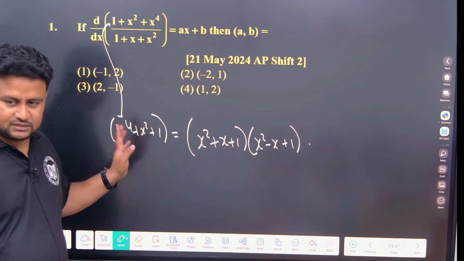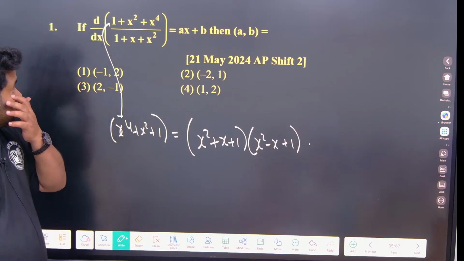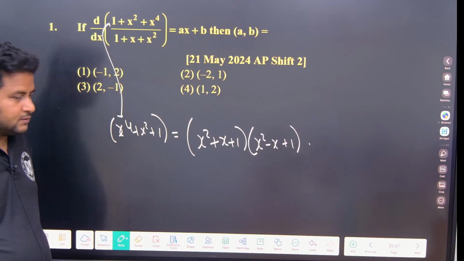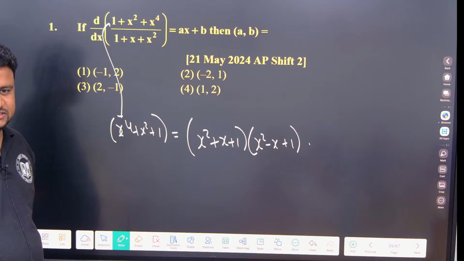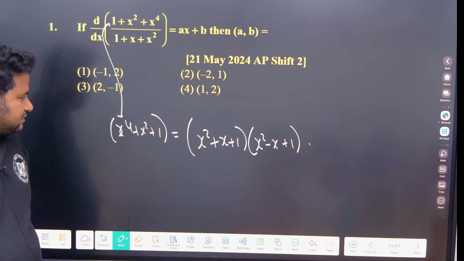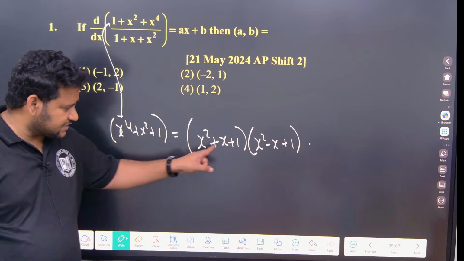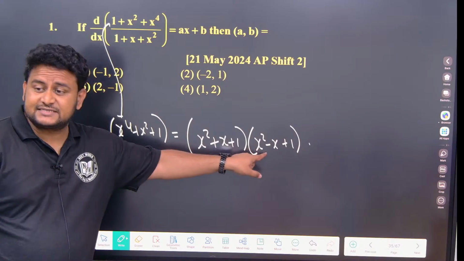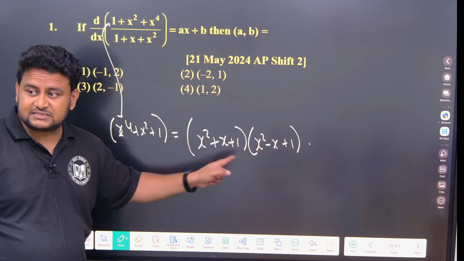Please make a note of it, this is important. Numerous times they have asked this type of question. In 2024 AP they asked x power 4 plus x square plus 1 written as x square plus x plus 1 into x square minus x plus 1.